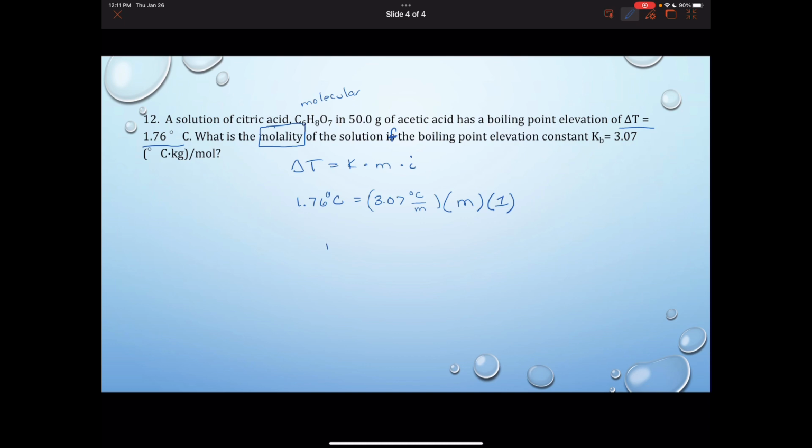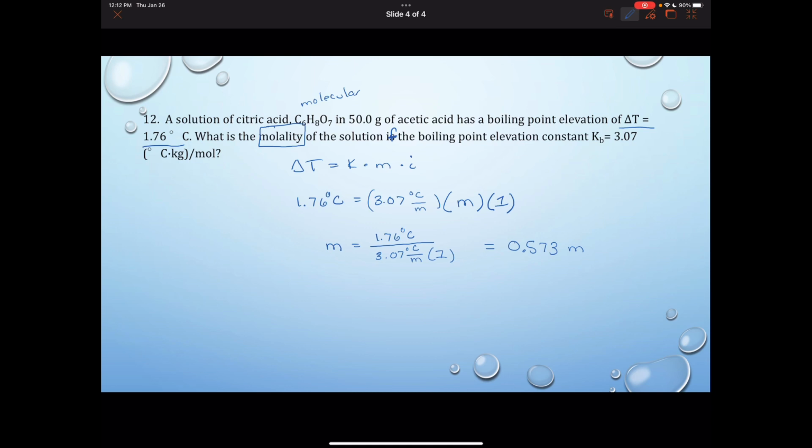So rearranging this to solve for my molality, we're going to have 1.76 degrees Celsius divided by 3.07 degrees Celsius per molal times 1. And we're going to get a molality of 0.573 molal. So if we know a temperature change, we can use that to find the concentration of our solution.